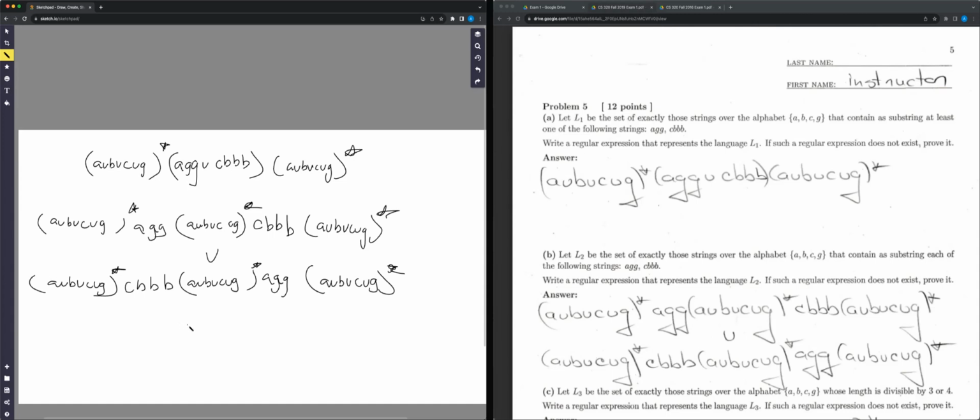But what if someone gave you a phone number like 191 222 777? What if they included the hyphens? What if they didn't include the hyphens? How do you know it's a valid phone number? You have to create a pattern that will match both of these, and that exists. We're figuring out a pattern that fits every possible string that satisfies this thing, and our thing has both AAG and CBBB in it.